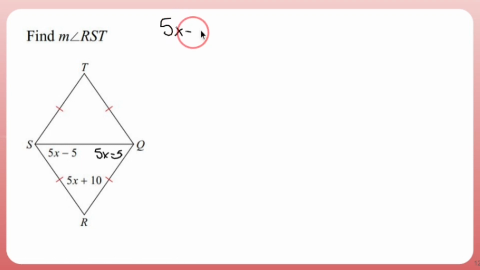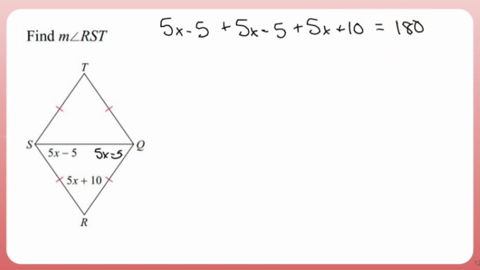5x minus 5 plus 5x minus 5 plus 5x plus 10 equals 180. Good news. Negative 5, negative 5, and positive 10 all cancel each other out.